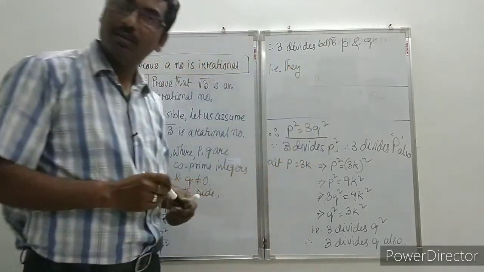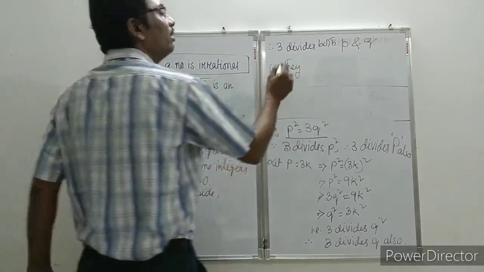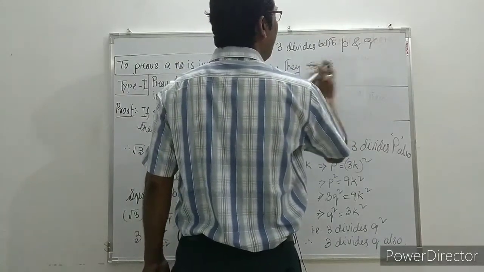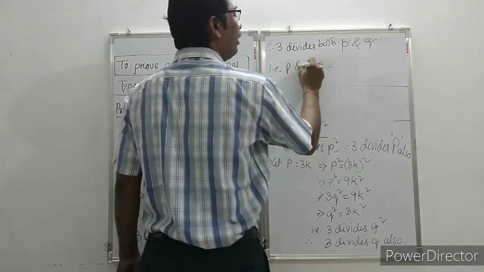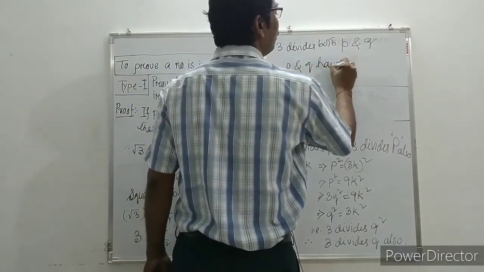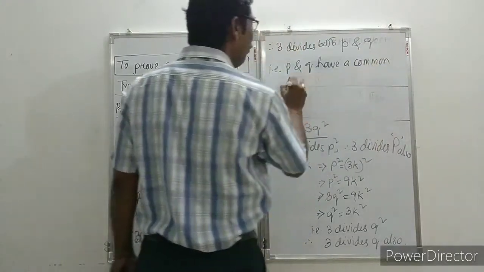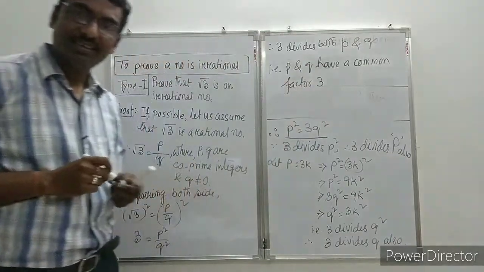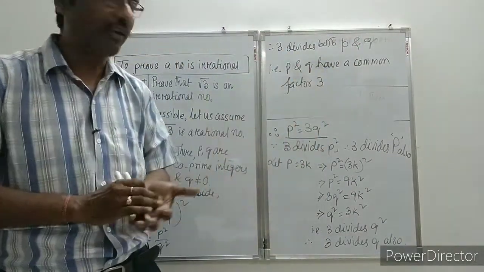That is, p and q have a common factor 3. Yes, because 3 divides both p and q, that means they have a common factor.